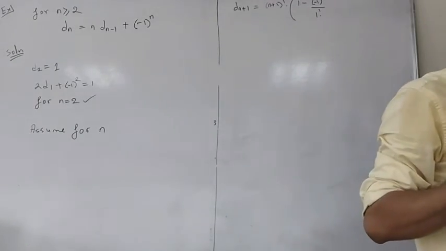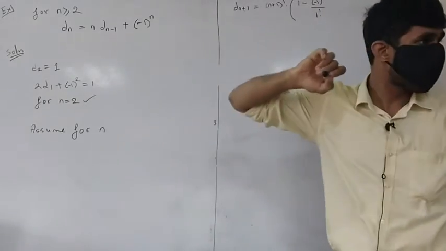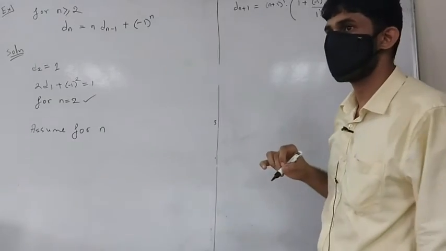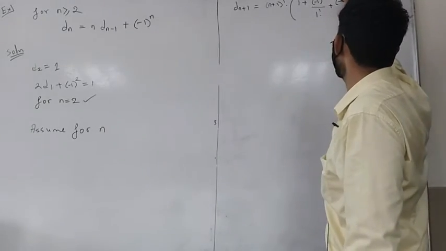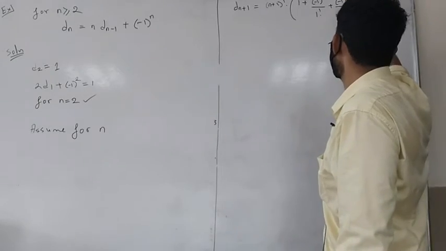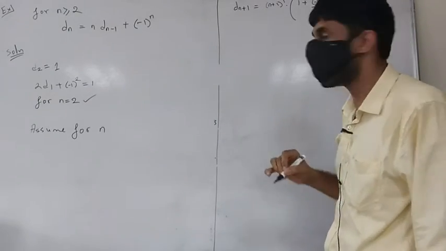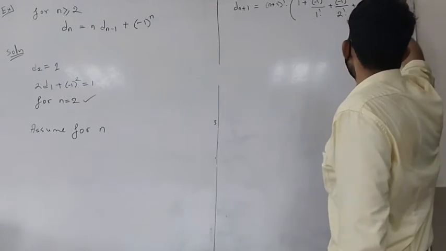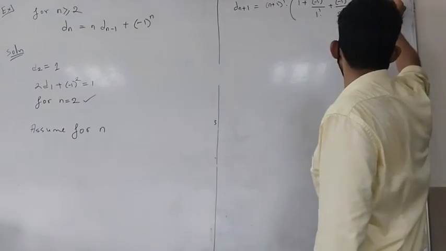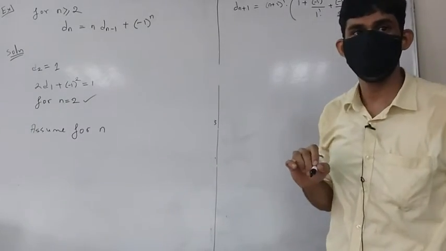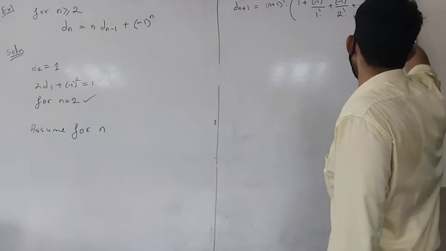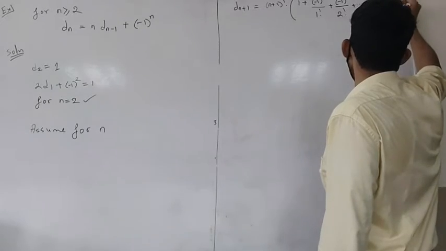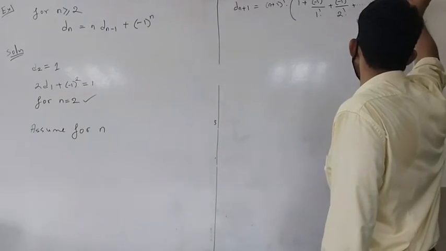So these are all plus, yeah, correct, plus minus 1 raised to 2 divided by 2 factorial. This is the formula. Plus up to minus 1 raised to n upon n factorial, plus minus 1 raised to n plus 1 divided by n plus 1 factorial.